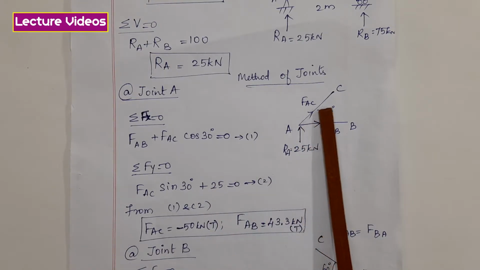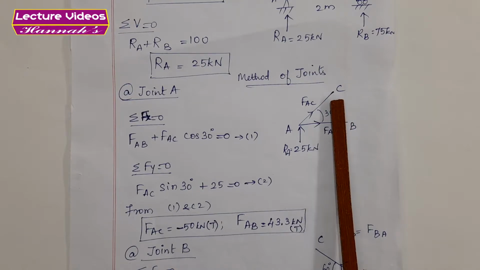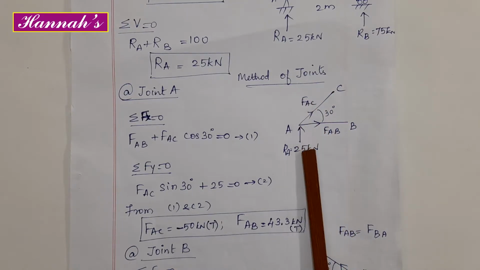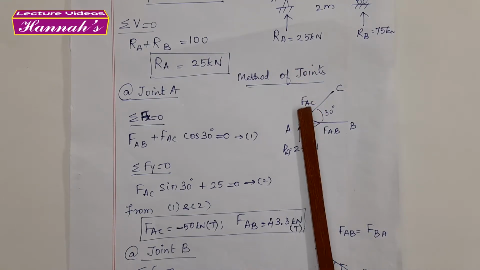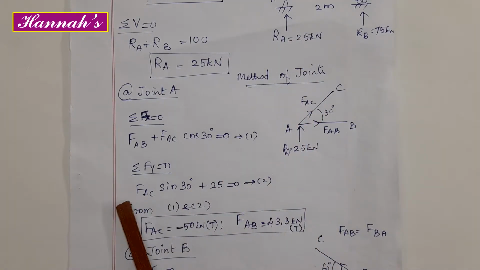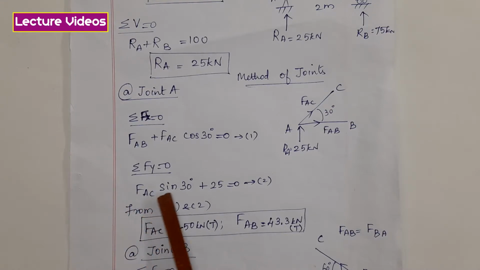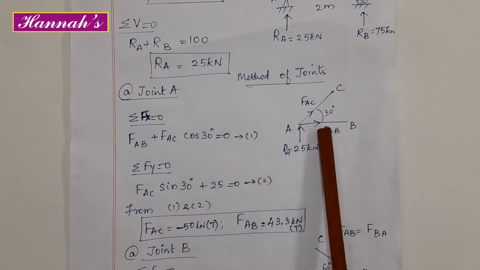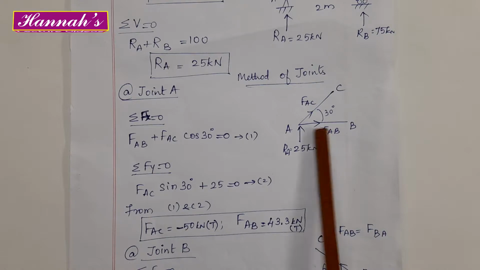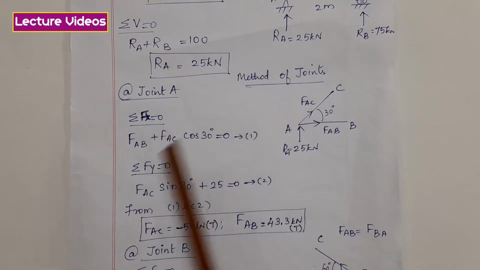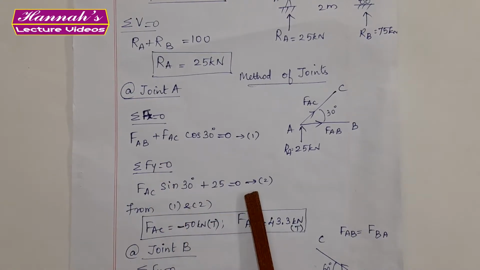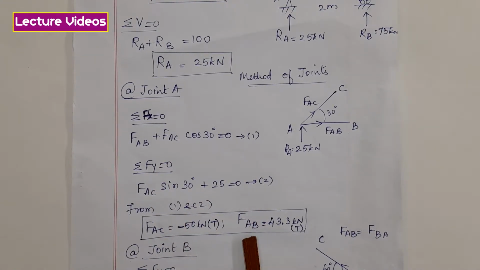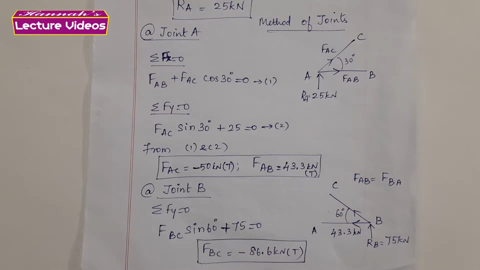If this inclined member AC is resolved vertically, since I have assumed tension, the force will go in the positive y direction. So plus FAC into sine theta, because theta is measured from the horizontal base. The other side will be sine 30. When I solve these two equations, I get the unknowns, the forces in these two members at joint A. Same way at joint B.